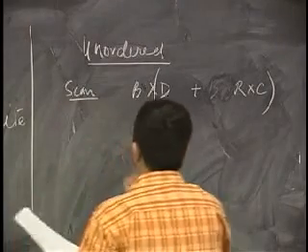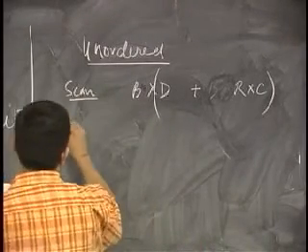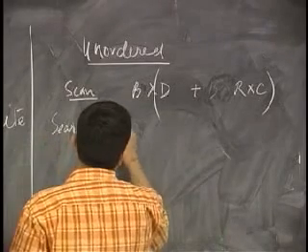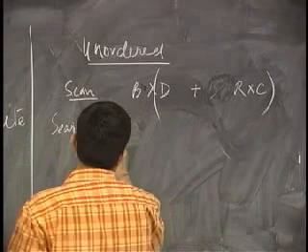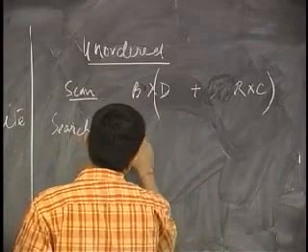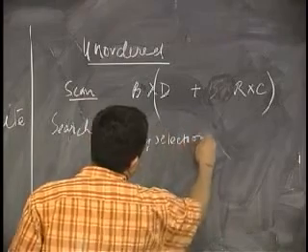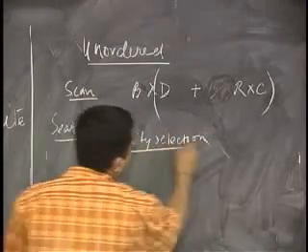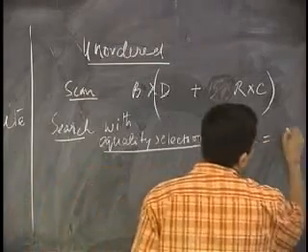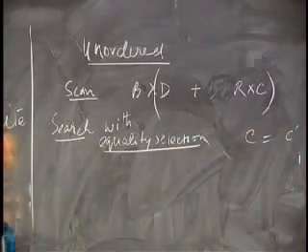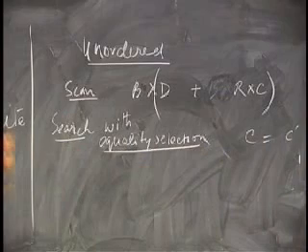Now the second operation is search with equality selection. You are performing a search in which there is an equality constraint, and you are searching for some data.